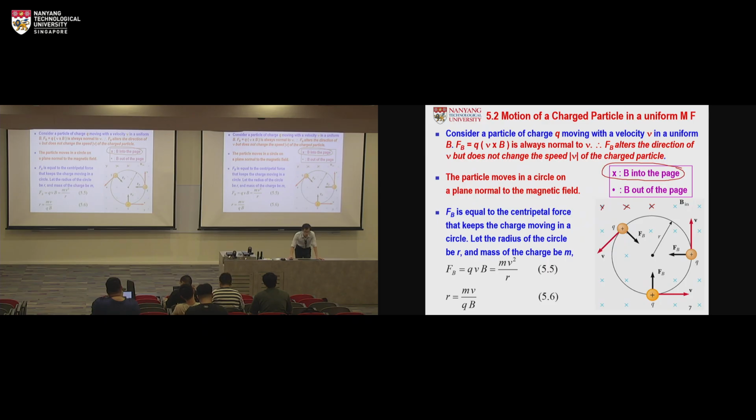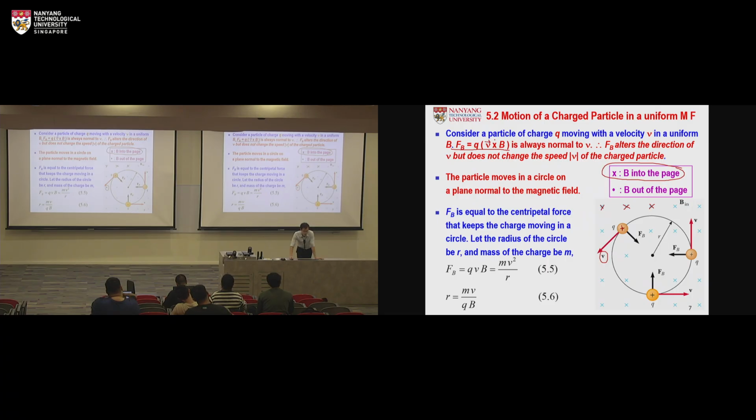And if there is a moving charge, let's say a positive charge, moving with this velocity v inside the magnetic field B, then we know there will be a magnetic force which is given by this, right?